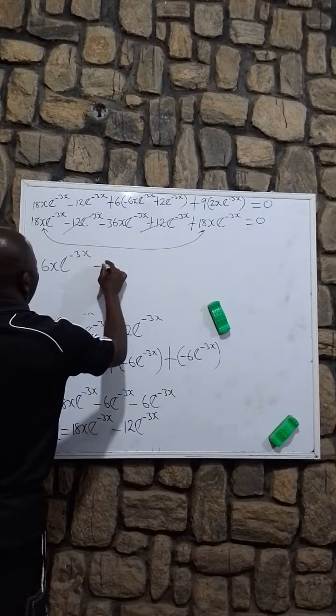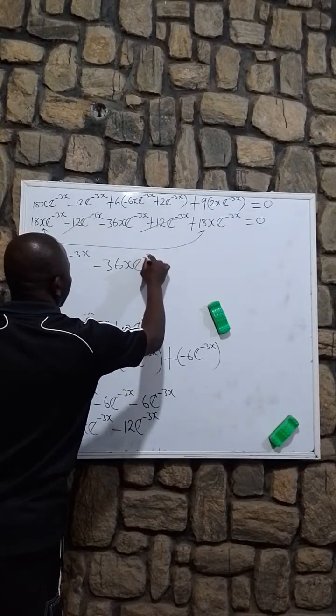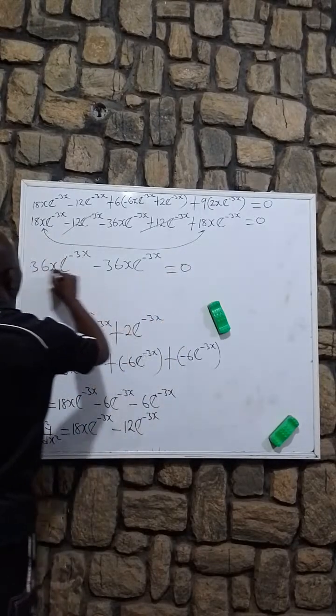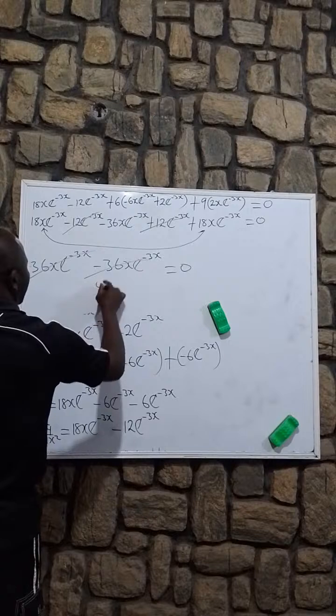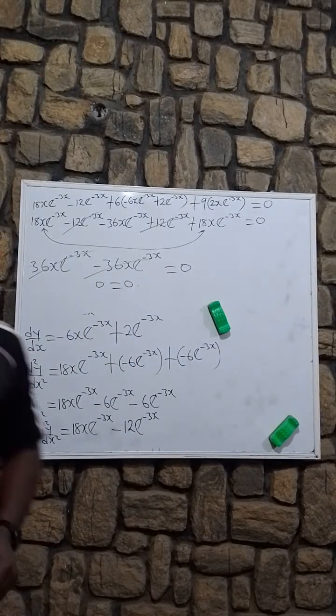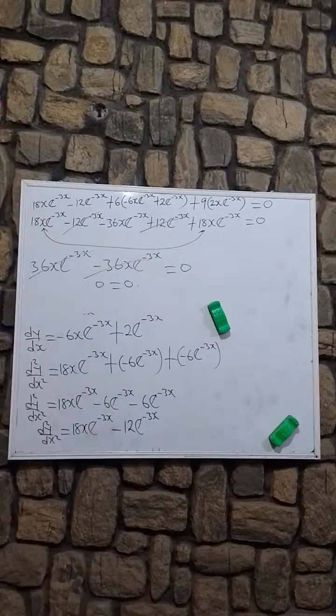Then what we have here, minus 36x exponential minus 3x, equals to 0. You can now see this and this cancel. 0 equals to 0. So this is how you are going to approach this type of question.